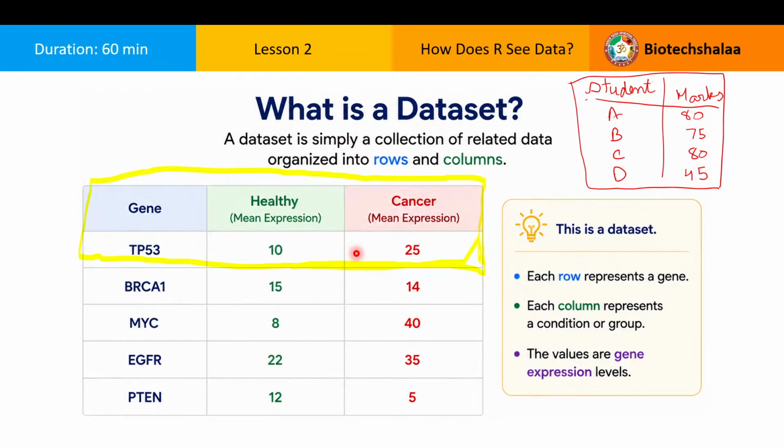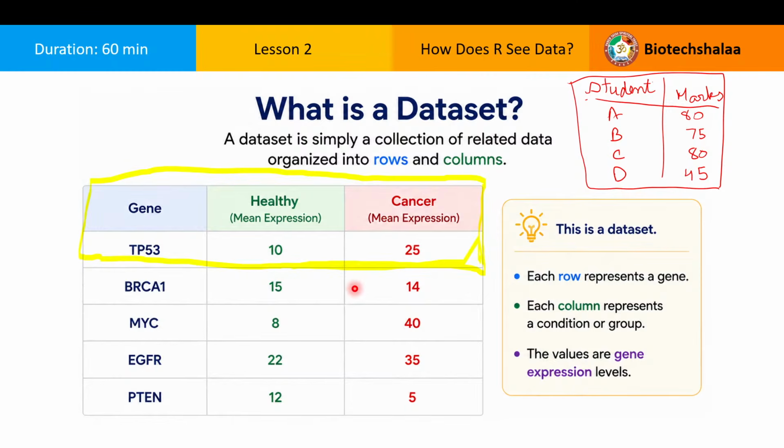This is why R is important, because one day R might give you a table like this, where I will give you genes, numbers in healthy cells, and numbers like this in cancer cells. R will not say that these are the genes which are causing cancer. R will simply show you the numbers.